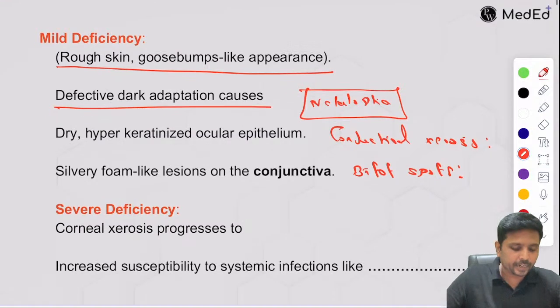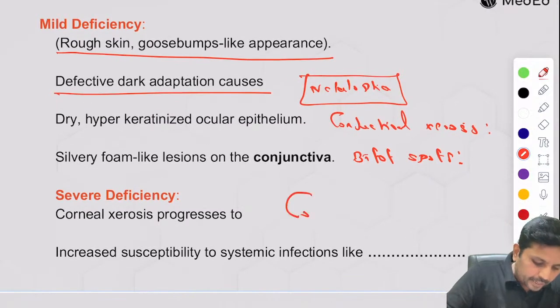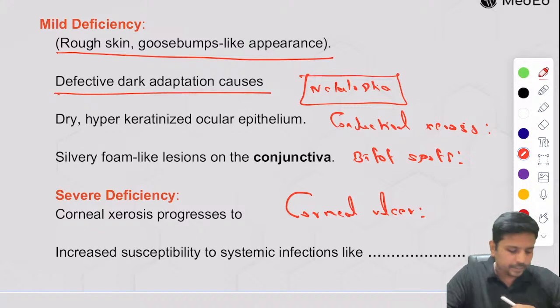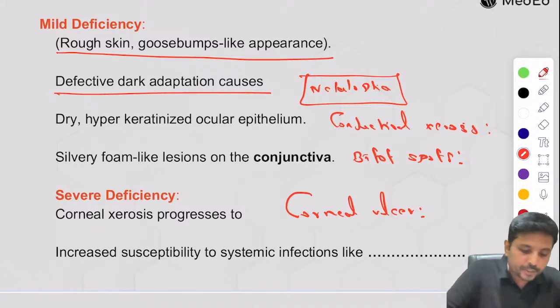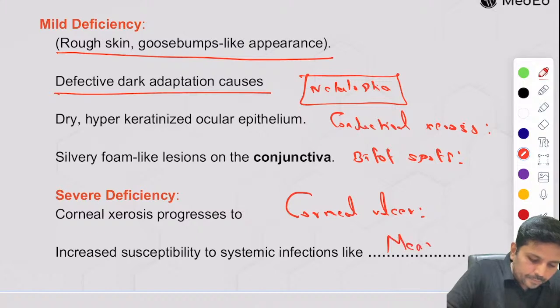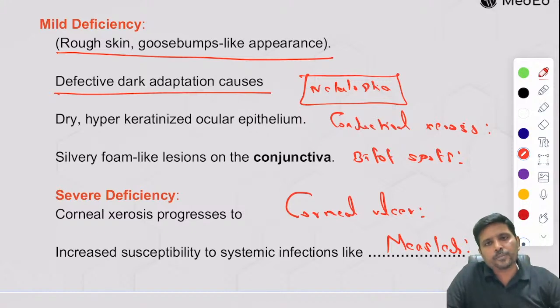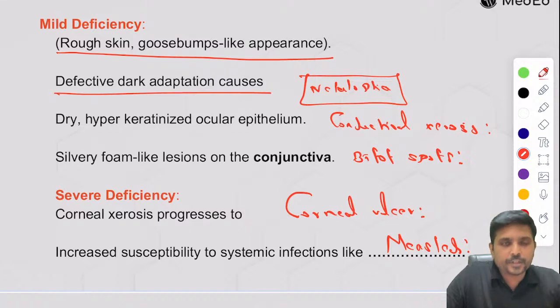Severe corneal xerosis leads to corneal ulcer. There is increased susceptibility to systemic infections, particularly measles. Vitamin A deficiency can predispose to measles, and measles itself can predispose to vitamin A deficiency.